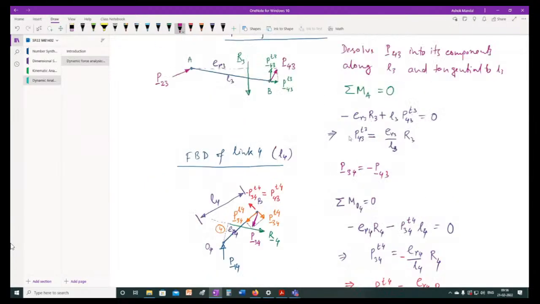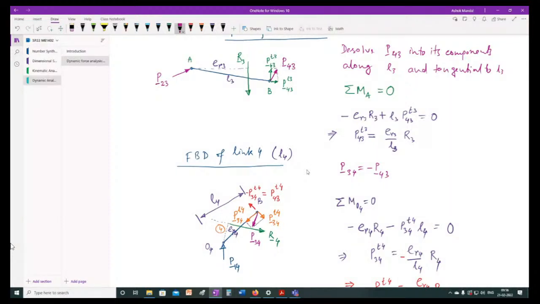Here we were saying that this force is not known to us, but it is actually known. Why? Because you know this magnitude, and this force is tangential to link 3, so the direction of link 3 is known to us. Its tangential direction is this. That means this force is completely known.